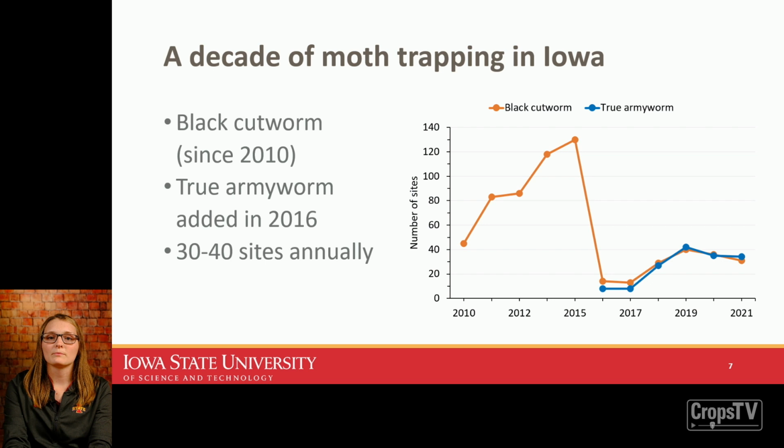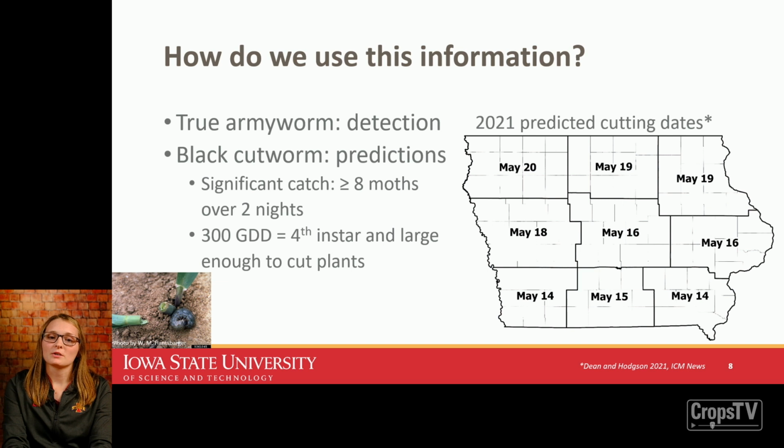Since about 2018, which is also when I started coordinating this network, we've had about 30 to 40 sites annually. That's pretty good, and usually we get people from all over the state, and that's what we really want, to have a lot of sites from all over Iowa so that we can provide the best scouting information for farmers all over the state. So how do we use this information?